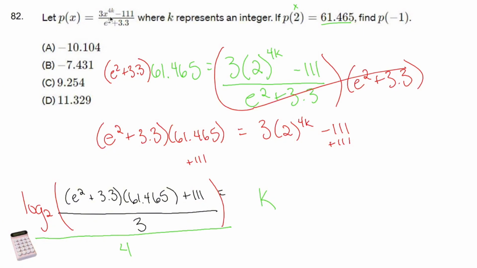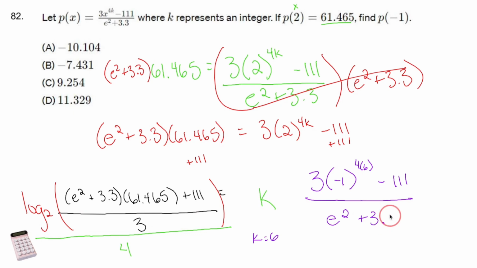So this is what I need to do. I need to do this again and replace k with 6, now that I know that k is 6, and then plug in negative 1 for x. So in my calculator, I'm going to plug in 3 times negative 1 to the 4 times 6, so to the 24, minus 111, all over e squared plus 3.3.